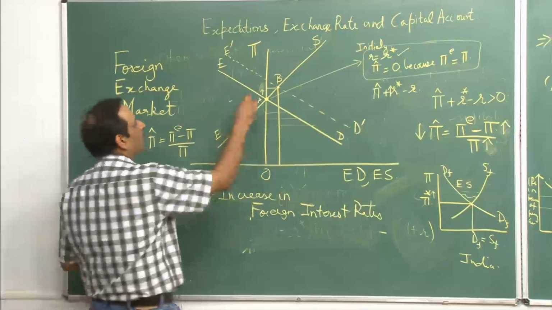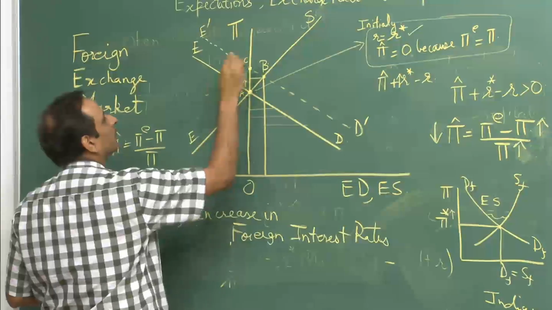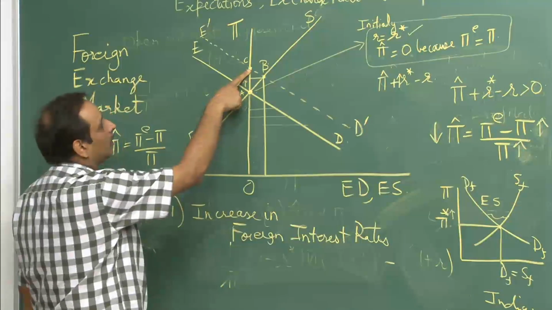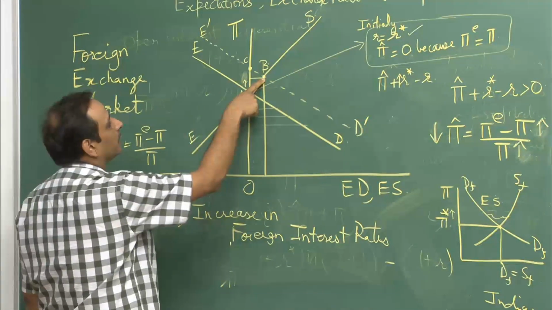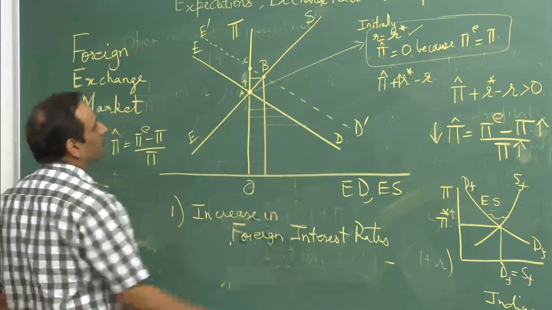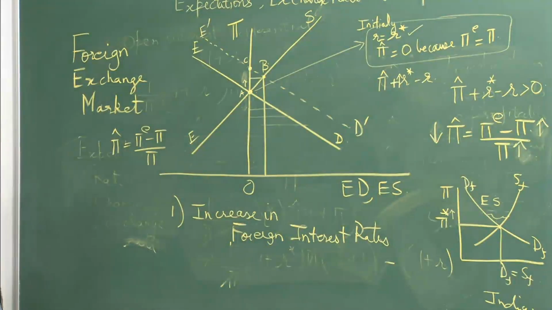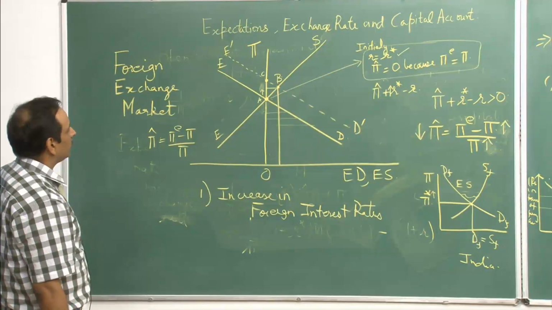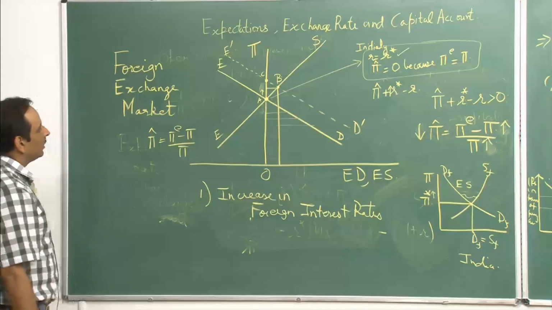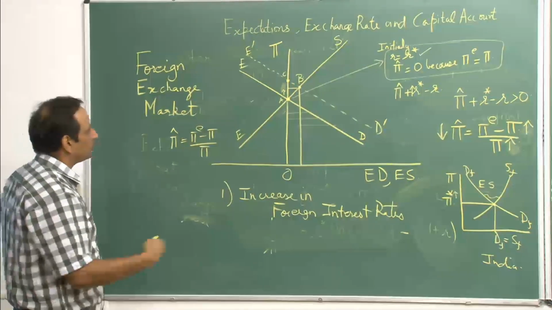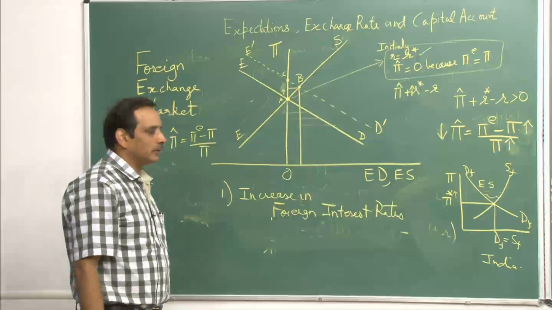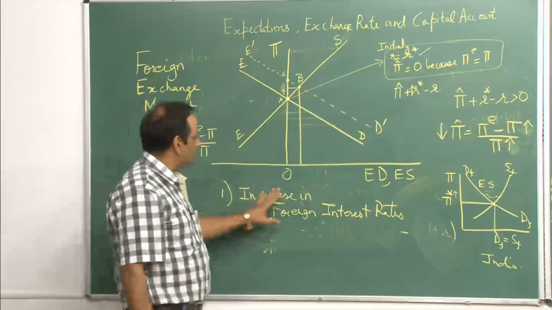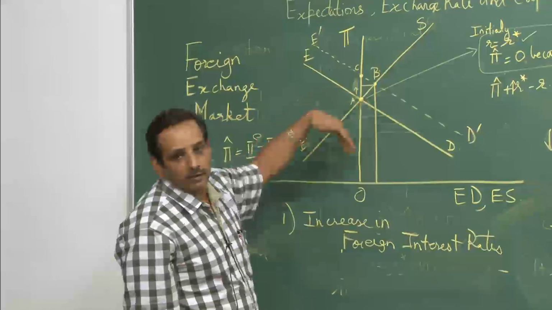If you had reached a point like C, here open interest differential would have been 0, but at point B there is an open interest differential, which means that there is an excess demand for foreign currency which is met by the other market participants who supply the necessary foreign exchange. So, this is quite simple, you have increase in foreign interest rates, the ED curve shifts.